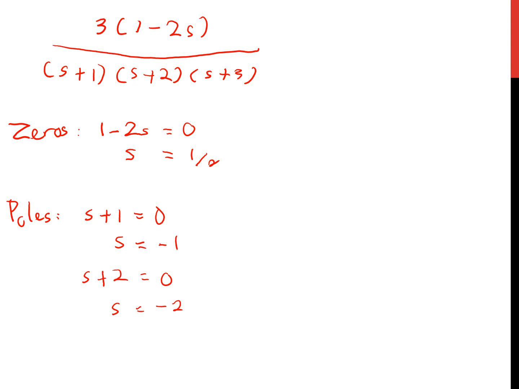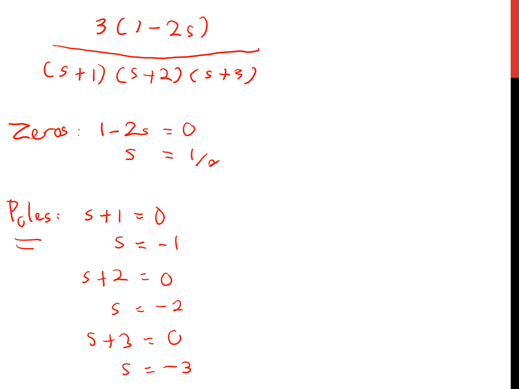And then s plus 3, so s equal to negative 3. Here the zero is not affecting much on the given response. Usually if we have a negative or positive zero, it does not matter. The most important is the poles, the location of the poles.